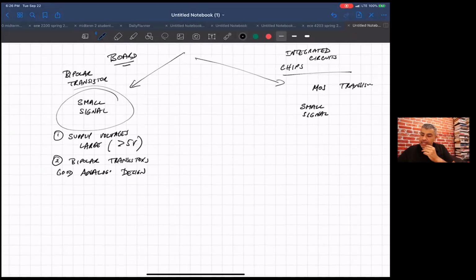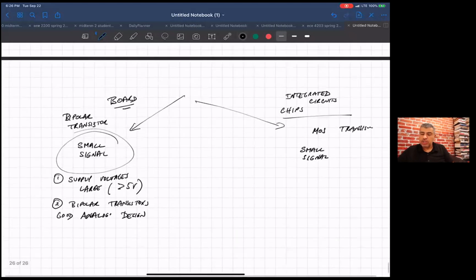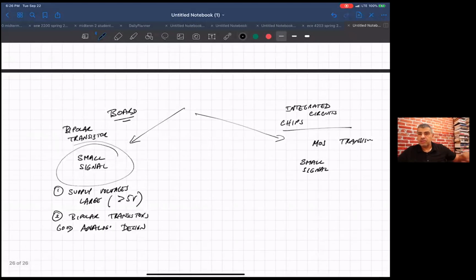Okay. So sorry, where did I drop off? I was trying to explain how much small signal, how much large signal, but it ended up being the difference between designing integrated circuits or semiconductor chips, or designing boards. When you're designing boards, you're usually dealing with bipolar transistors, and you have larger voltages. Your power supplies are 5 volts, 10 volts, 15 volts, something like that.